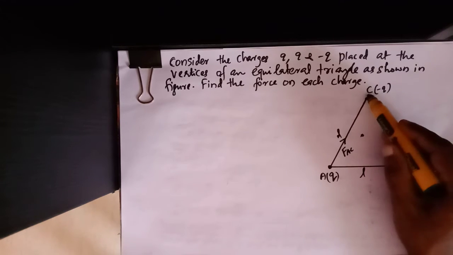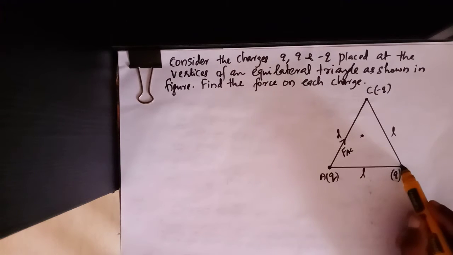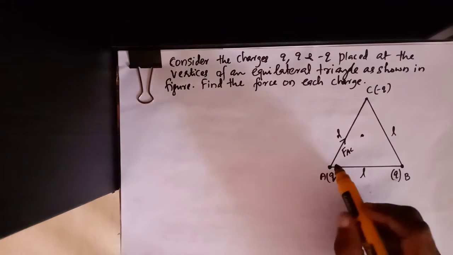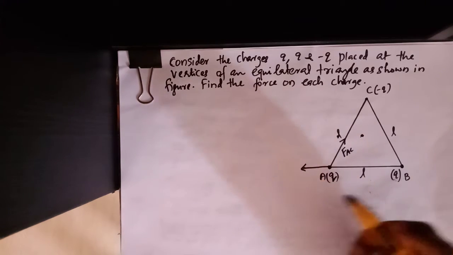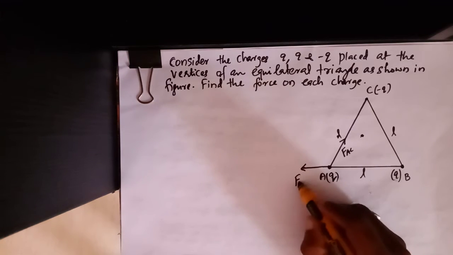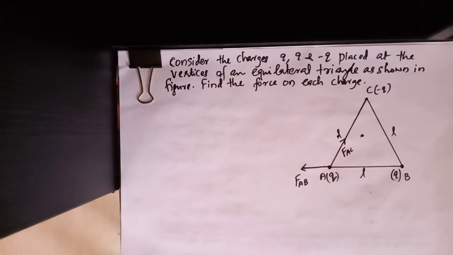Since this charge is negative, the charge at A will be attracted towards it. Now what about this charge? This is positive and this is also positive, so it will repel. This will be a directional repulsion, and I can give it the symbol FAB. So FAB and FAC are the two forces.